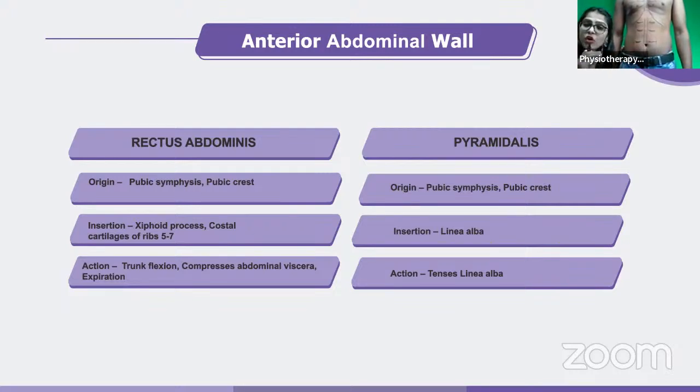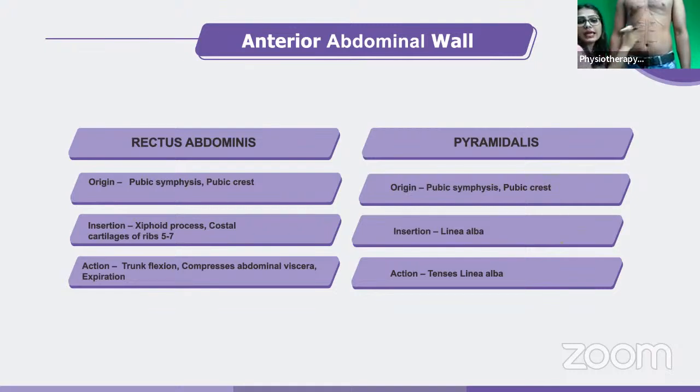Whatever muscles of your core are present, those muscles will get attached to this linea alba. Linea alba is a fibrous thickening of the rectus sheath, internal oblique, external oblique, and transverse abdominis. These muscles get thickened and inserted here in the middle part of your abdomen, which is known as linea alba.